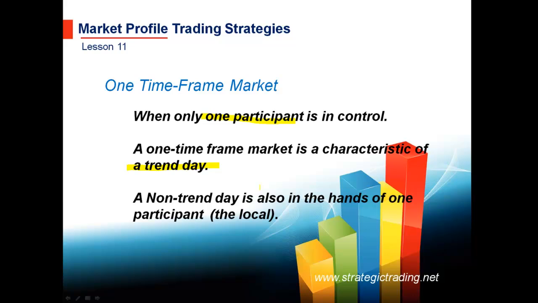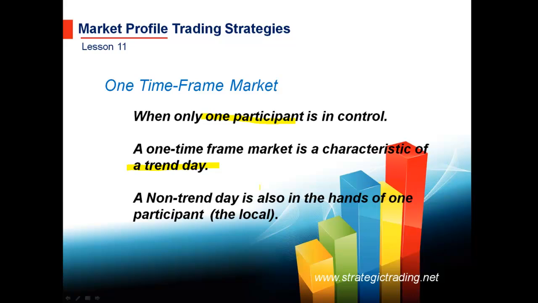It is able to move the market in the direction that it wants to. So if it's the other time frame buyer that's in control, prices will move up. Obviously, if it's the other time frame seller that's in control, prices will move down. This is the one time frame market, directional, one side has control.